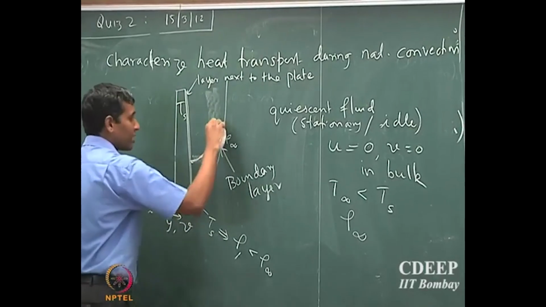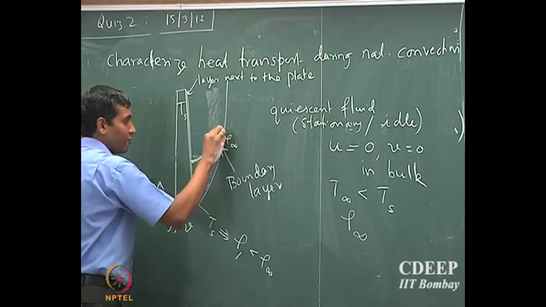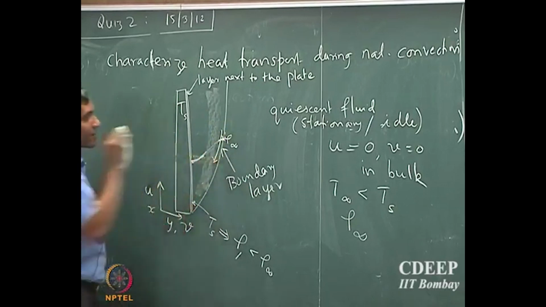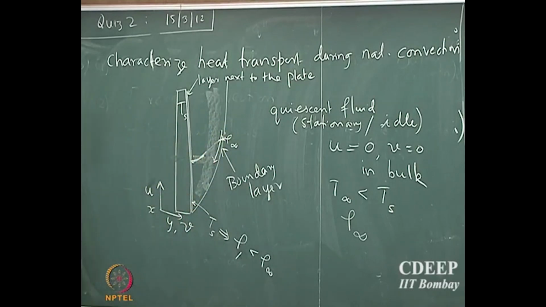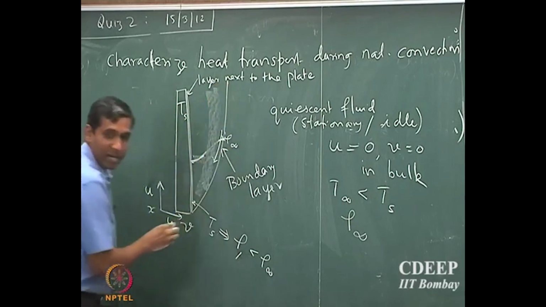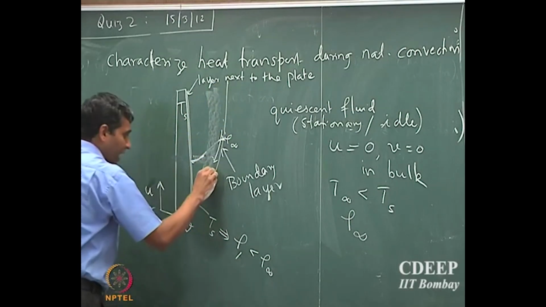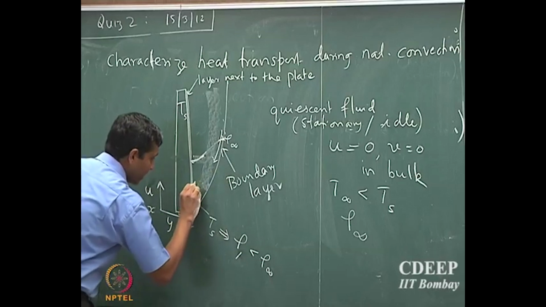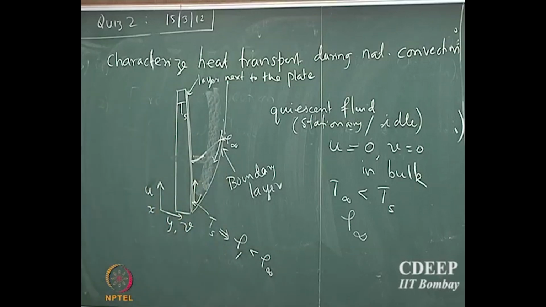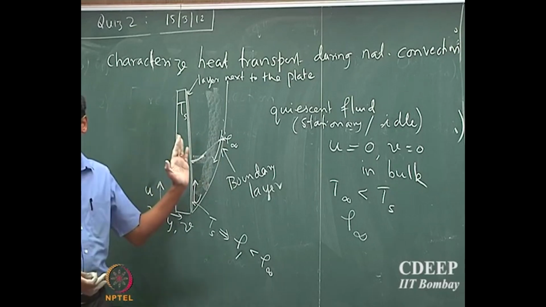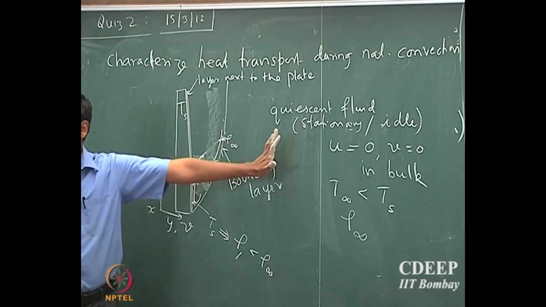And so the bulk fluid will start flowing down, the fluid close to the boundary layer will start flowing down, and the fluid present here will start moving up. So this sets up a recirculation, and this leads to a conductive mode of heat transport very close to the surface, not far from the surface.